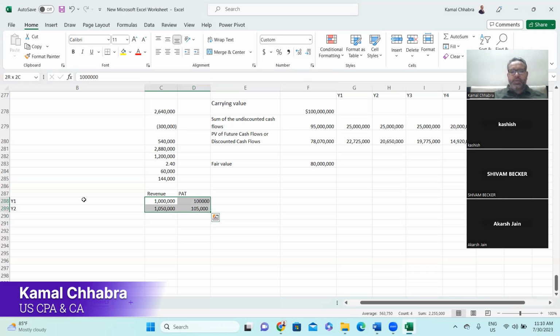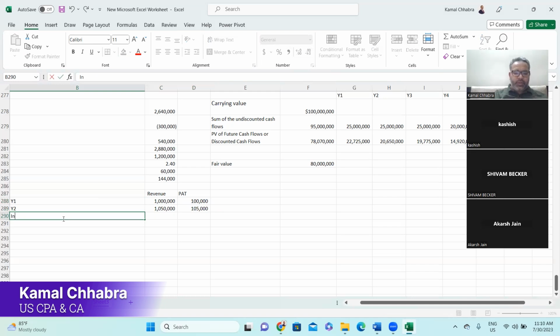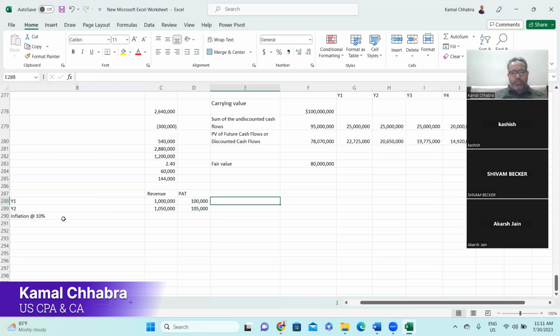Let's assume these are the numbers given in the financial statement, right? And then they said inflation at the rate of 10%.